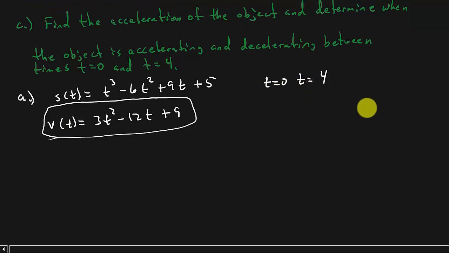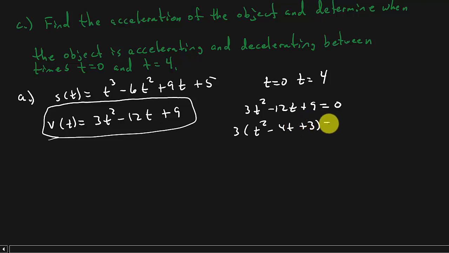So in order to do that, we're going to need to take the velocity function and set it equal to 0. So I can factor out a 3. And that's going to give me 3 times t minus 3 times t minus 1 equals 0. So t equals 3 or t equals 1.